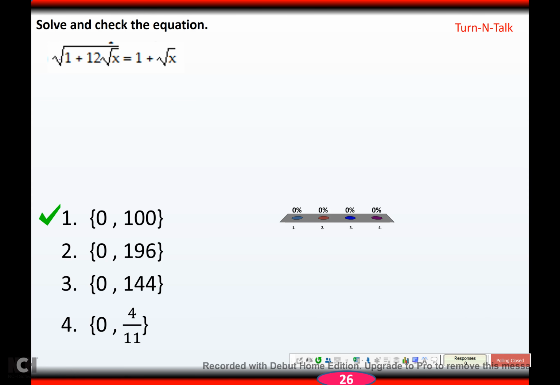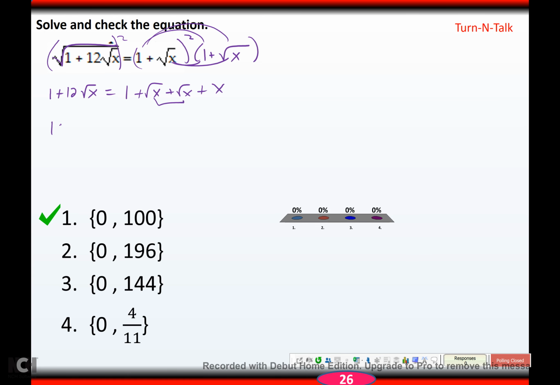Alright, this one is already isolated, so I'm going to square both sides. That makes 1 plus 12 square roots of x. I have to make 2 copies on this side, which is going to be 1 plus the square root of x plus the square root of x plus x. So clean it up, and I have 1 plus 12 square roots of x equals 1 plus 2 square roots of x plus x.